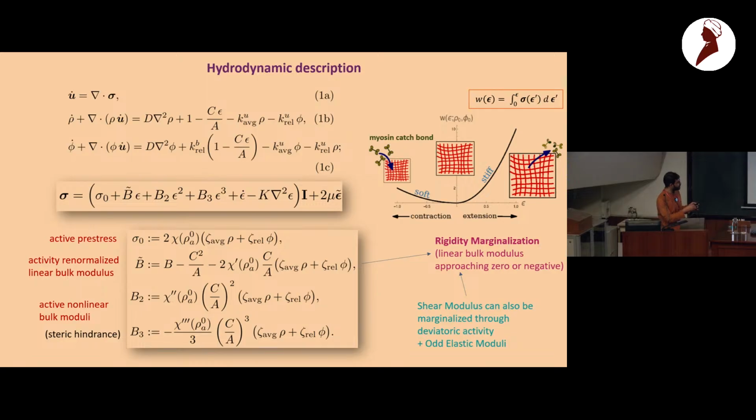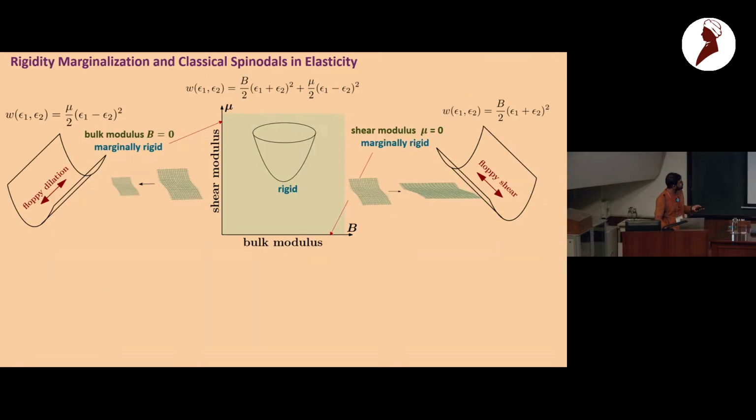So this is just a small detour. This is just a phase diagram of an isotropic solid. We have bulk modulus and shear modulus, two moduli, and in the regime where these moduli are positive, your elastic energy has this paraboloid shape.